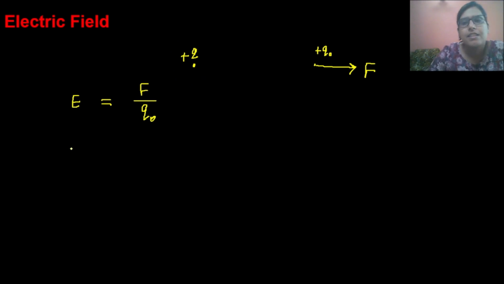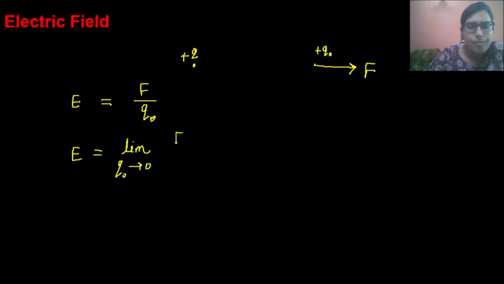And we take this test charge in a very small quantity so that the electric field intensity is not affected by this test charge. So we can write electric field is limit Q naught tends to 0 of F upon Q naught.